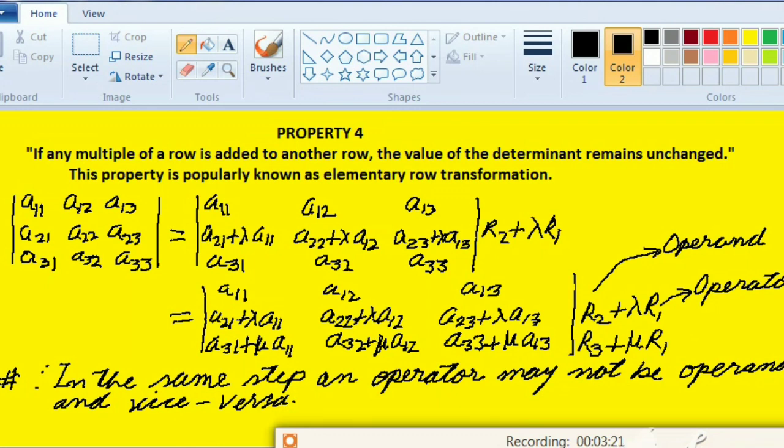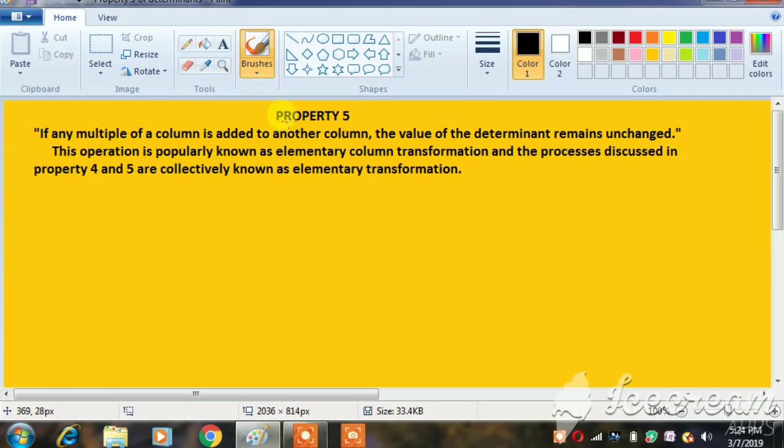So this is property. Now here we come to property 5, which states that if any multiple of a column is added to another column, the value of the determinant remains unchanged. And this is similar to property 4.